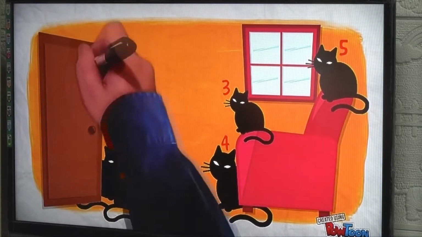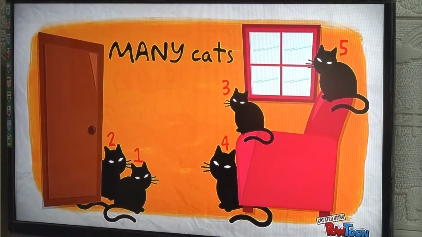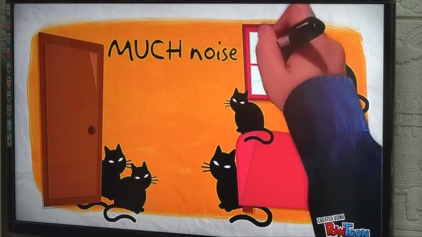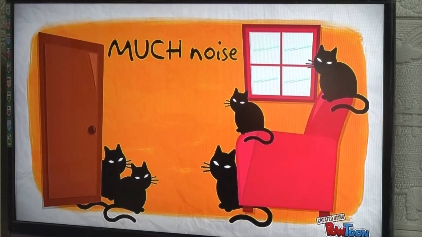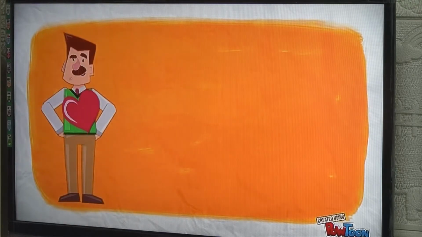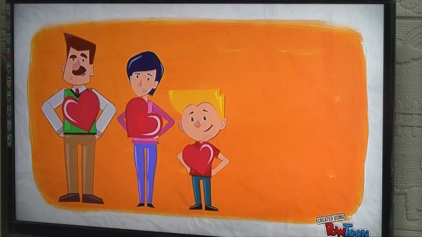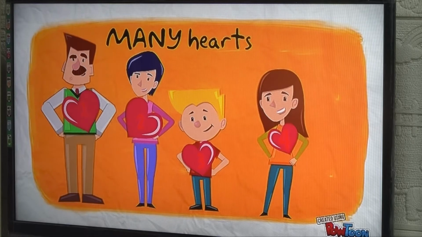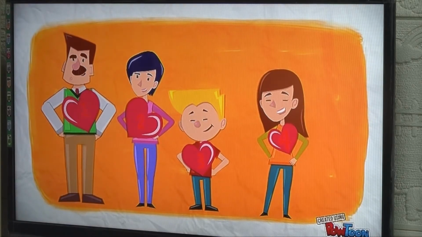There are so many cats. But there's so much noise. There are so many hearts. And there is so much love.